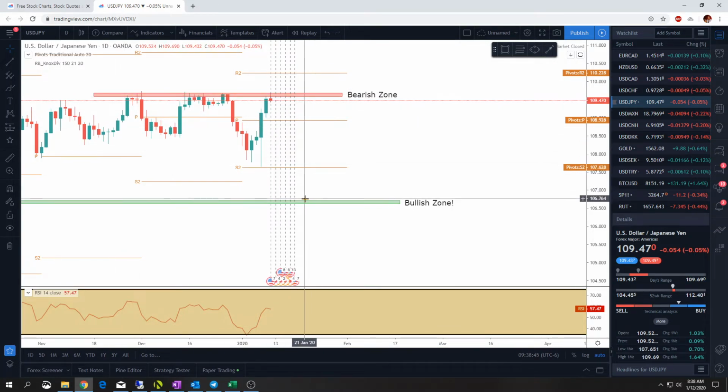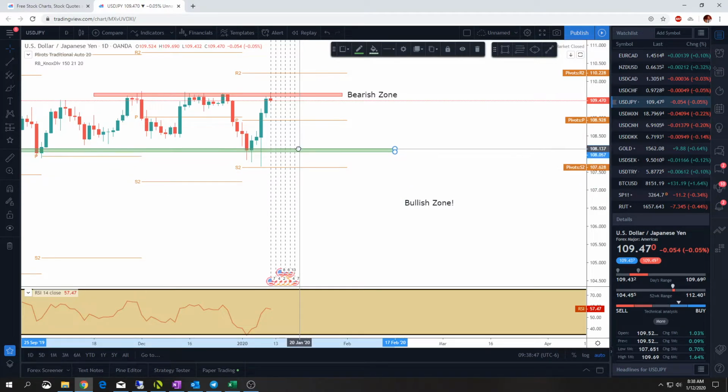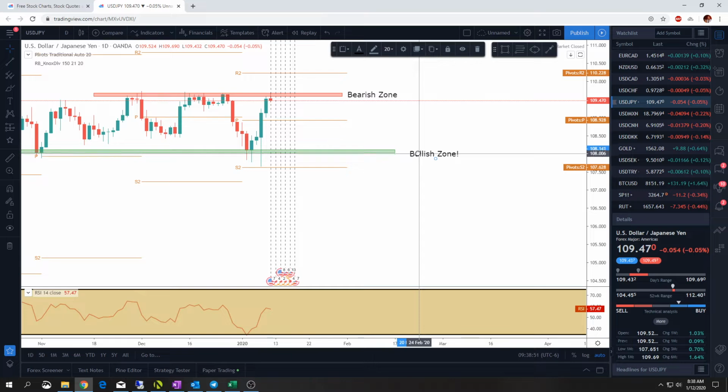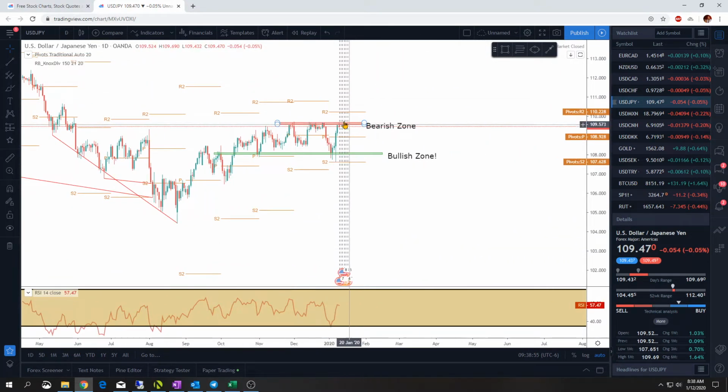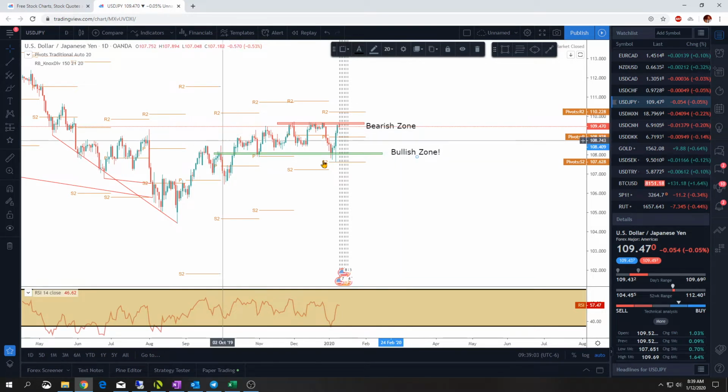I love this pair at least down to this level. I'm not necessarily thinking I'm going to be bullish here, but I do think we are going to get at least to this pivot as a TP1, and a TP2 would be this bullish zone, and hopefully we get a good pull all the way down.